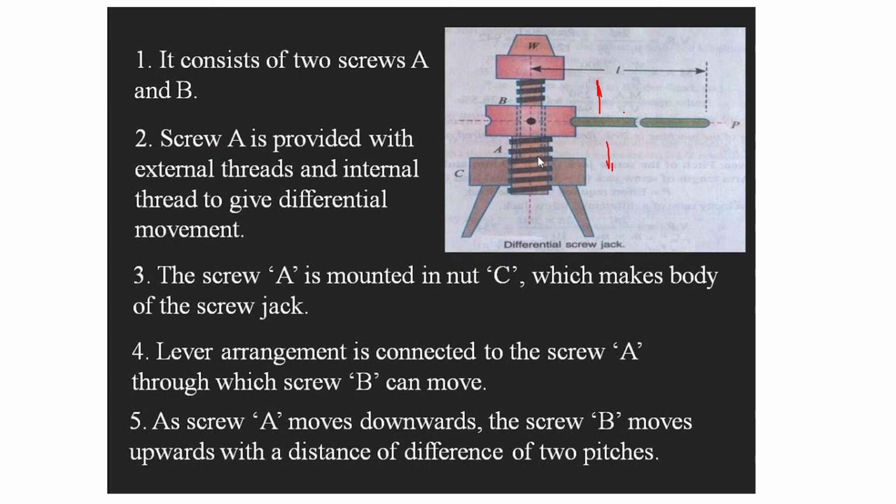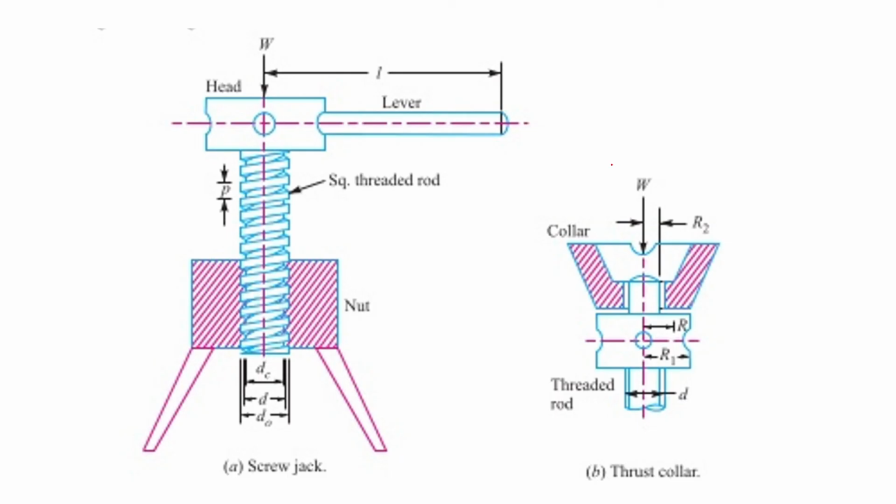You can say that it provides a wider range of work, more flexibility in the work with the minimum applied force. These are the details that mechanical engineering students will have to study further in the subject of machine design and drawing.